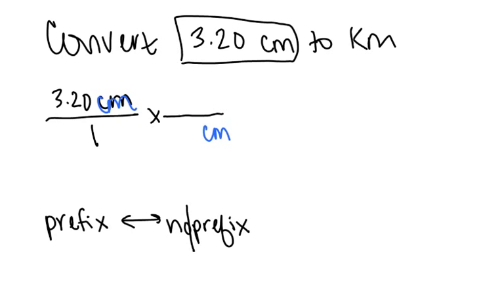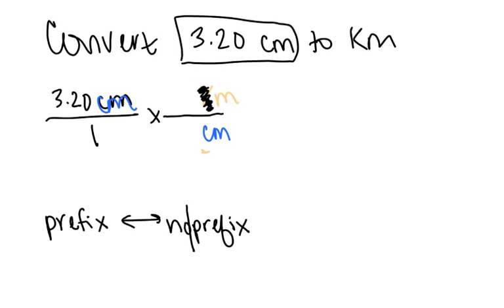So if you right away saw centimeters and said, okay, I need to get to kilometers, this is a problem because you have prefixes on both fractions. You have centi here and you have kilo here. That's not a good thing. So the idea here is that since you have a prefix at the bottom, you cannot have a prefix at the top. So this should be just meters at the top of your fraction.